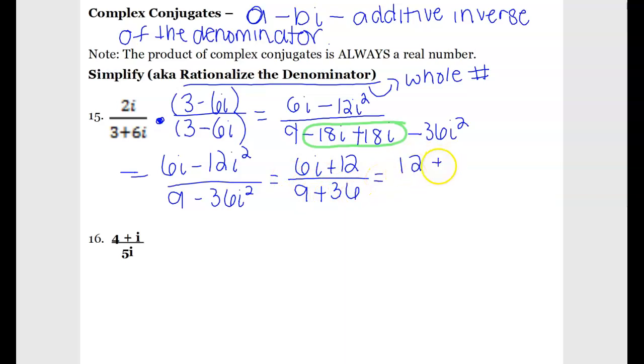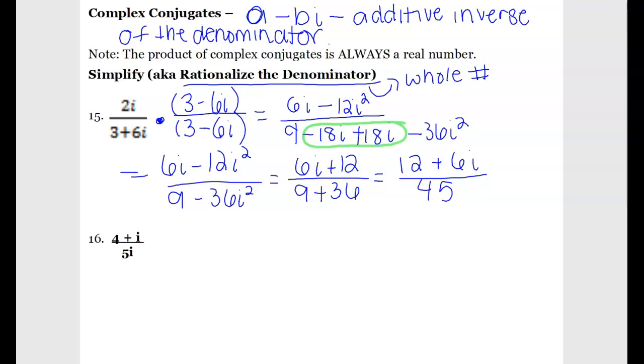Rewrite your top so that it is in a plus bi order. So you have 12 plus 6i, and then 9 plus 36 is 45. Now, 45, 12, and 6 all have a GCF of 3. So technically you could reduce all of these by taking out a factor of 3.